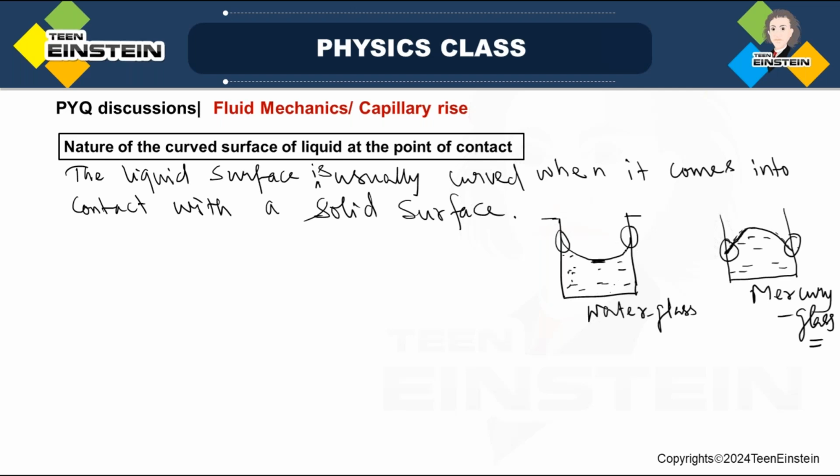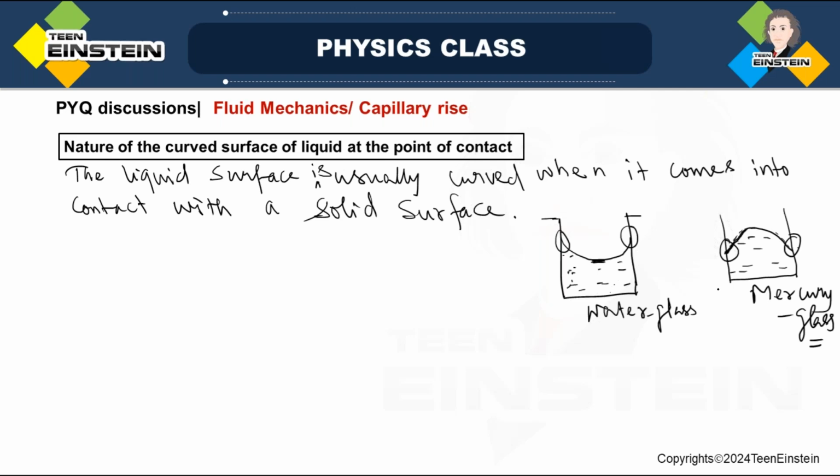So this is what usually happens when you take any liquid in a container. Basically, with glass it is very prominent to see. That's why most classes take the example of glass with water, glass with mercury, glass with alcohol, glass with some other liquid as well. Sometimes we take silver content with pure water.